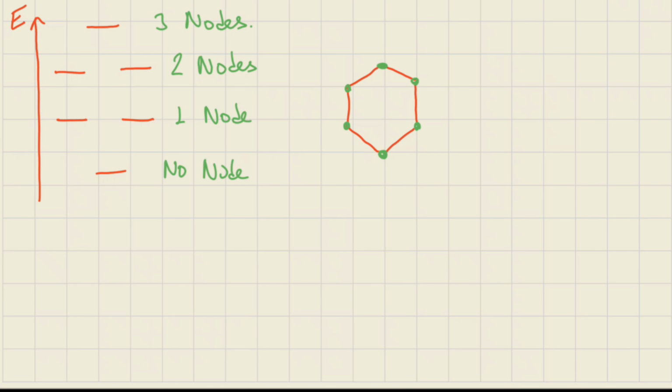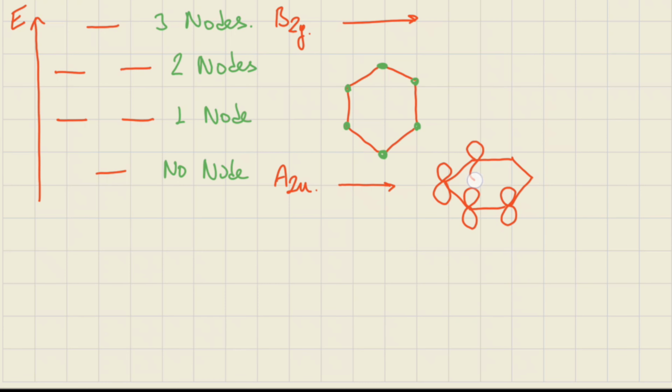So firstly, definitely the totally symmetric one is A2U. So we have no nodes. And the other one has so many nodes, and it is B2G symmetry. So writing these two is very easy, right? Since I will draw the molecule, I will put the PZ orbitals here.